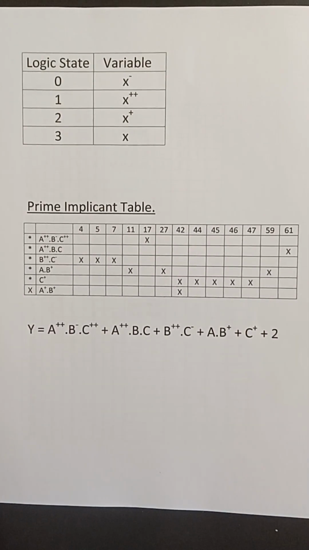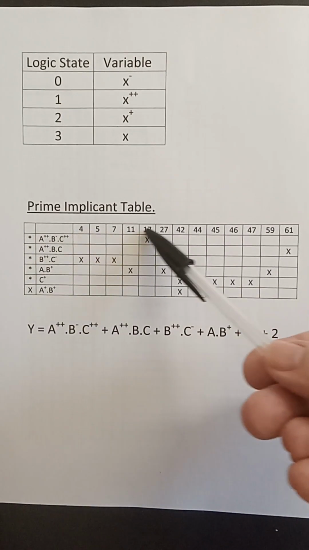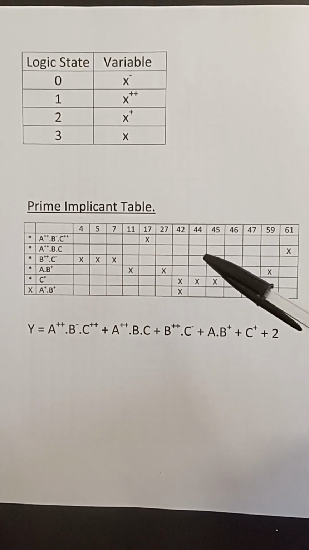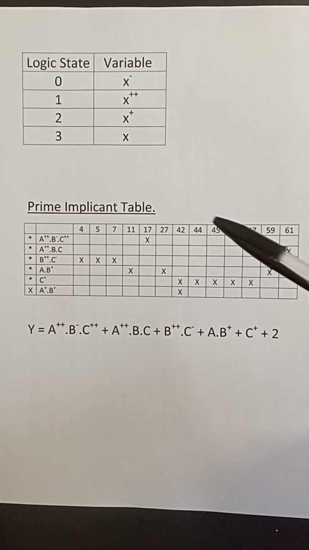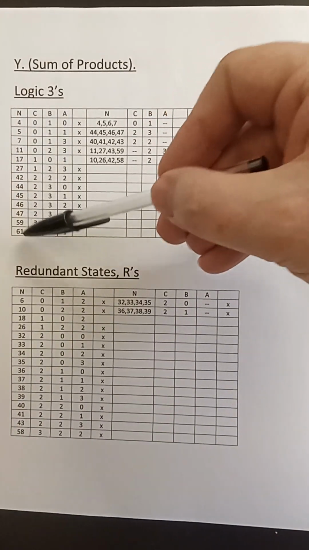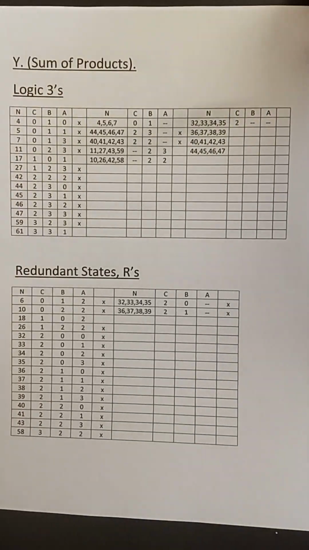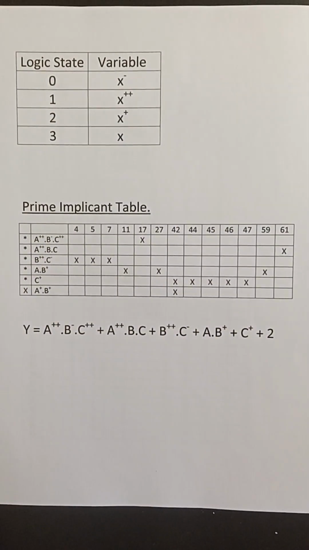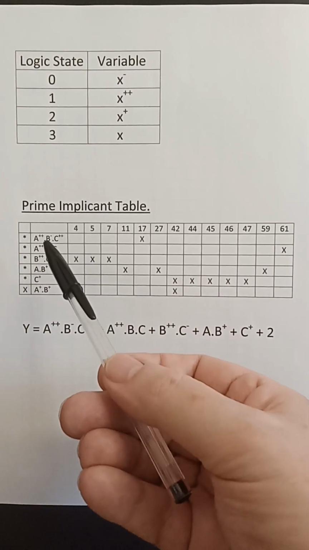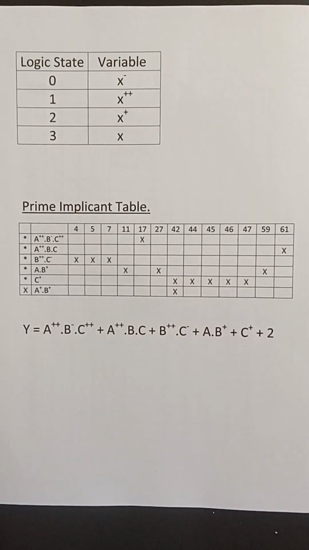So these variables here are the n values for all of which the function y equals a logic 3. These variables are labelled according to the numbers which are in this table.